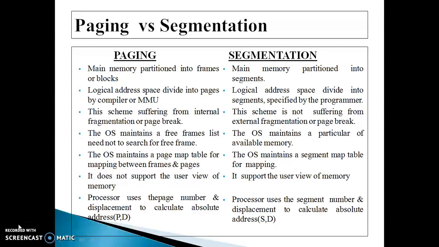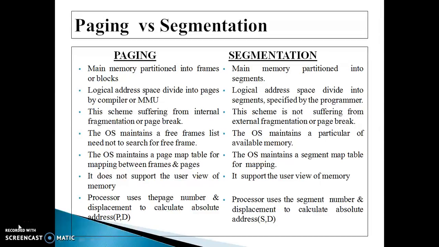Paging suffers from internal fragmentation or page break, whereas segmentation suffers from external fragmentation or page break. In paging, OS maintains a free frame list with no need to search for a free frame, whereas in segmentation, OS maintains a list of available memory.